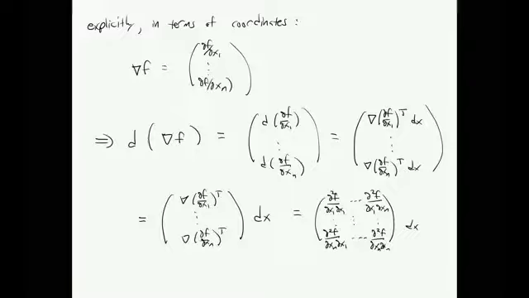This is I guess H, or it's equal to H transpose, because grad f was the transpose of the derivative, right? So this is the D of f primed transpose. All right, so it's H transpose.